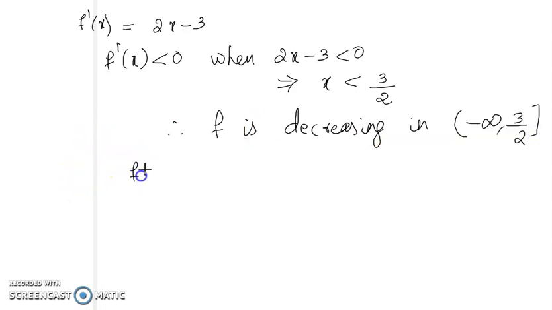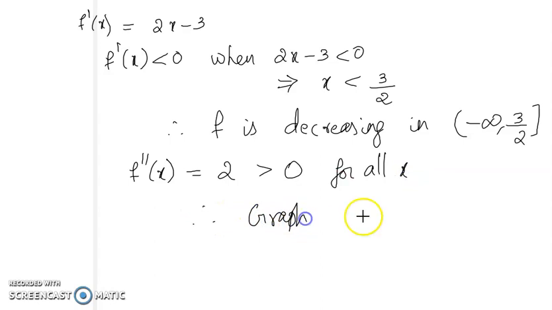Now we have found f double dash of x. But f double dash of x is 2, which is greater than 0 for all x. So the graph is concave up for all x.